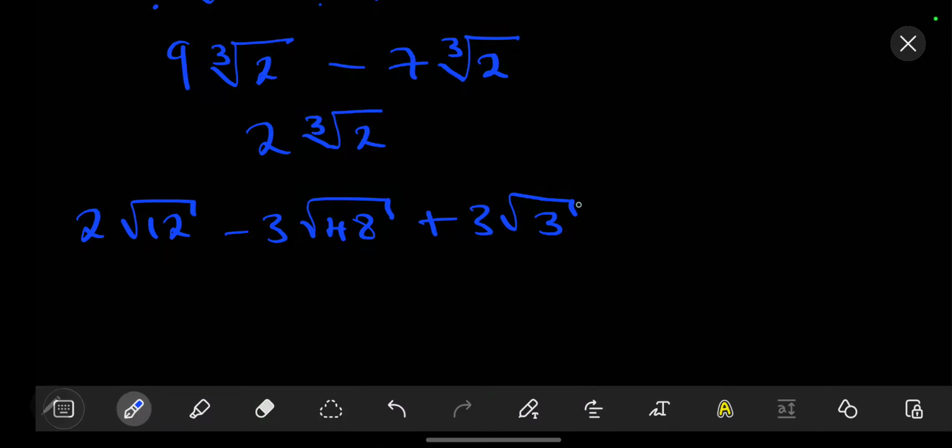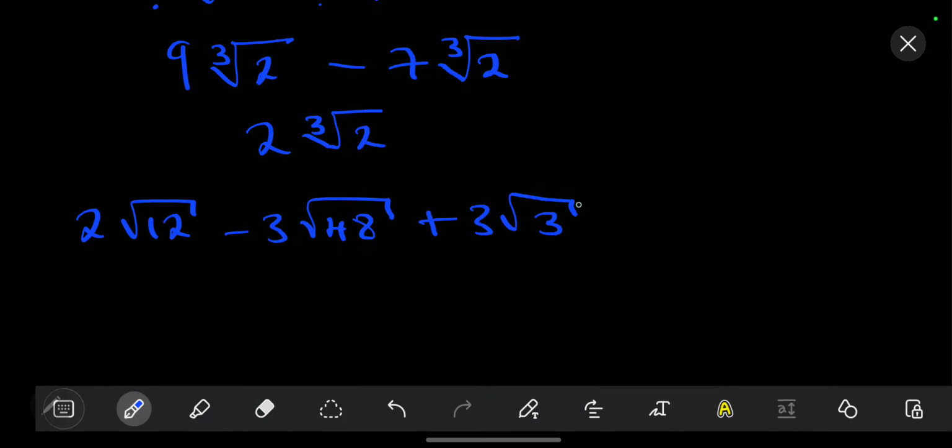So 12 can be written as, if you haven't watched my previous video, kindly watch it so that you know how to break this down, the square root of 12 is the same as having 4 times 3. Then we have minus 3. The square root of 48 is the same as having 16 times 3, which will still give you 48. Then we have plus 3 square root of 3.